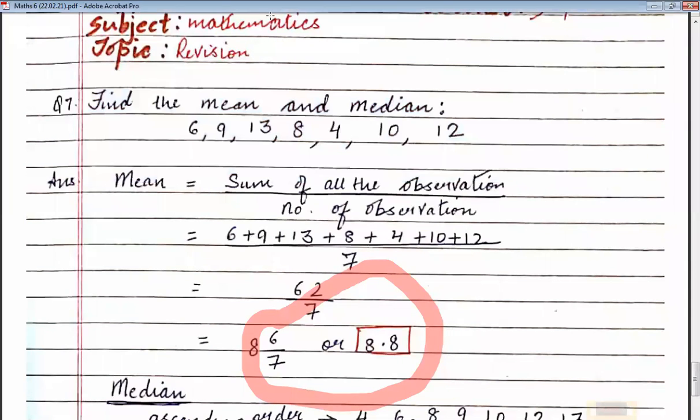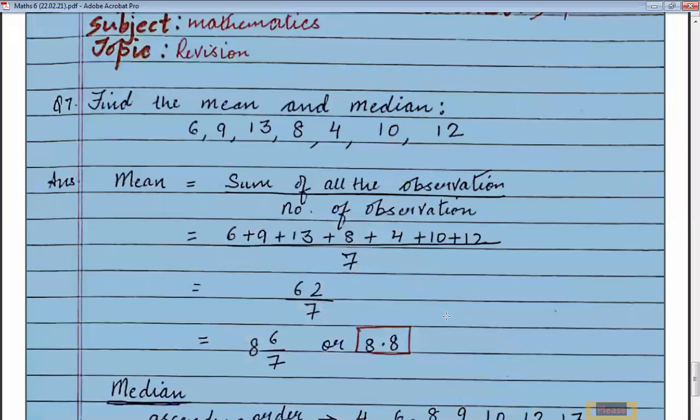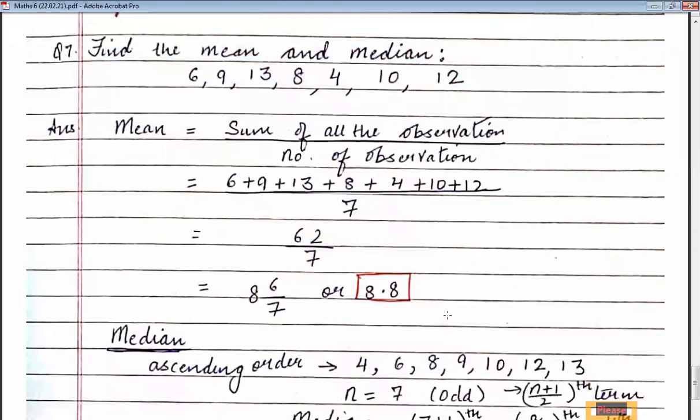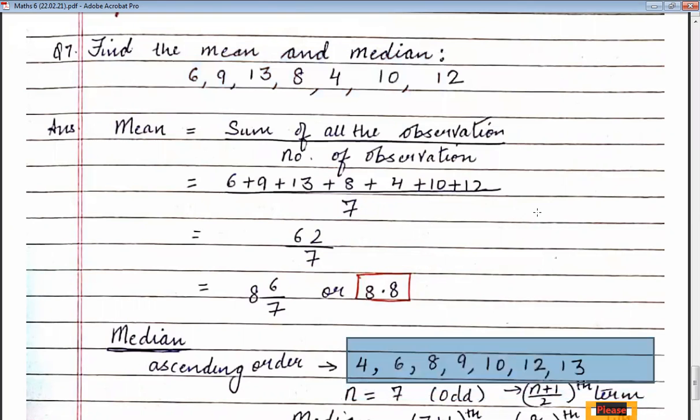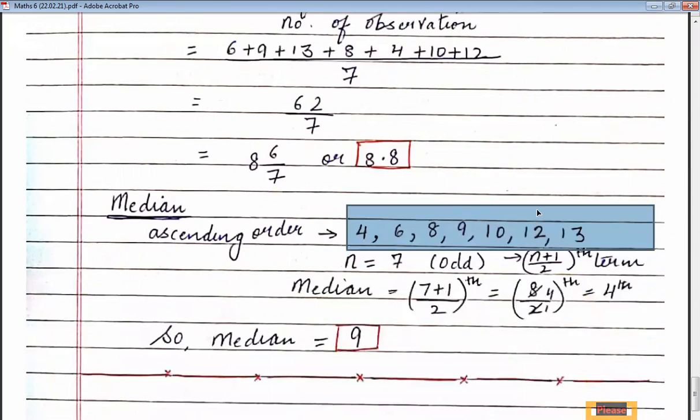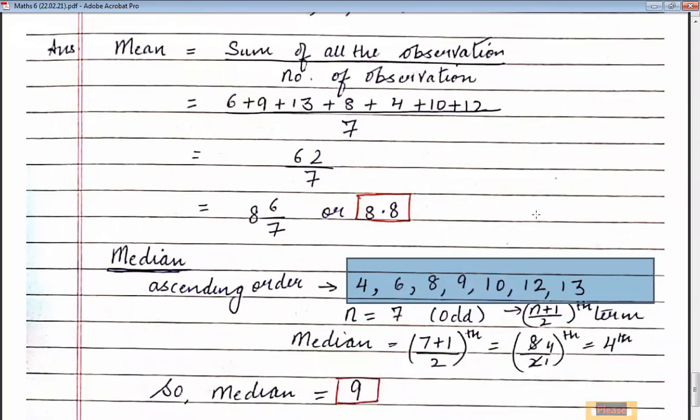Let's discuss our median. Now children, for the median, first you have to convert this into ascending order. So convert 6, 9, 13, 8, 4, 10 and 12 into ascending order. Your ascending order is 4, 6, 8, 9, 10, 12, 13. Now children, let's count the number. It's 7.